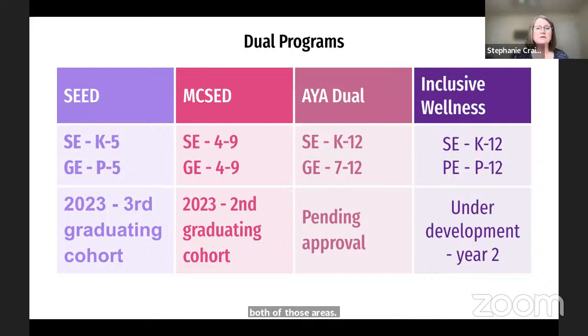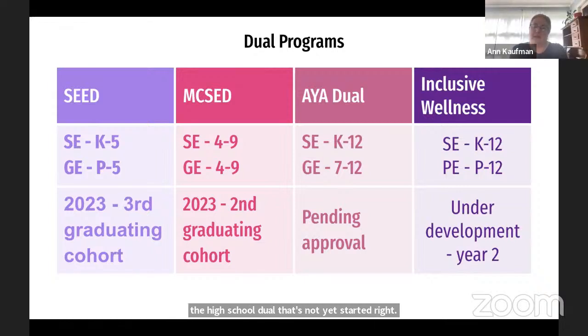And then we have the high school dual. That's not yet started, right? It's pending approval at the state. Right, that's exactly right. We started planning that program right as COVID hit, and it put a lot of kinks into our progression, so we're a little behind.